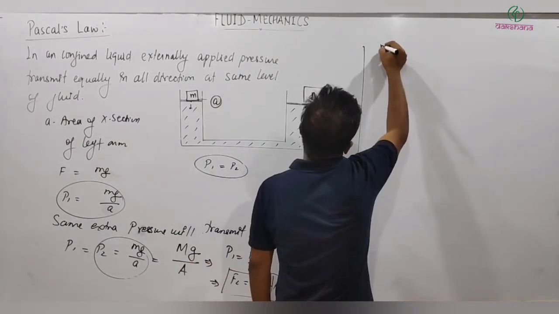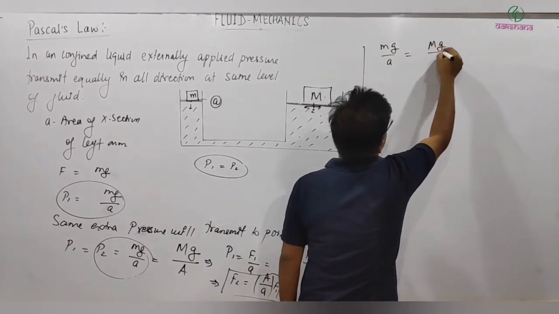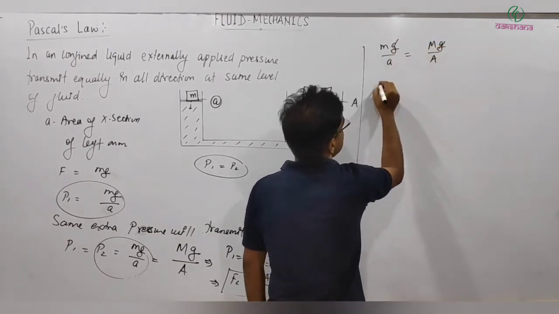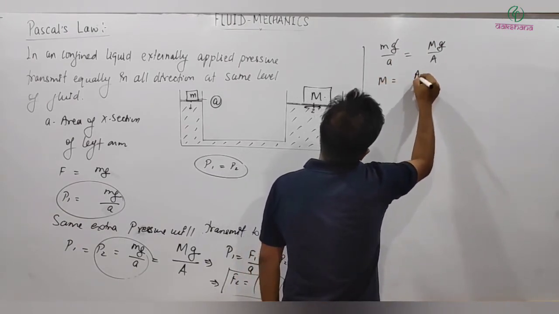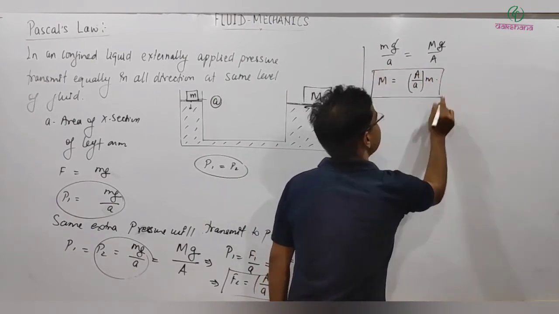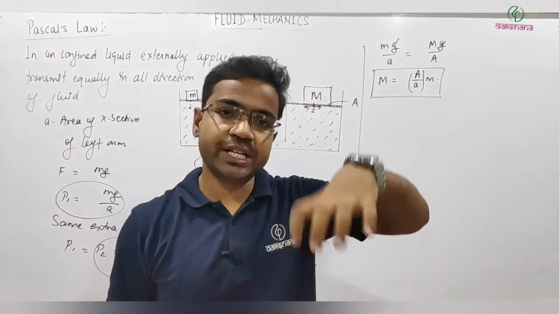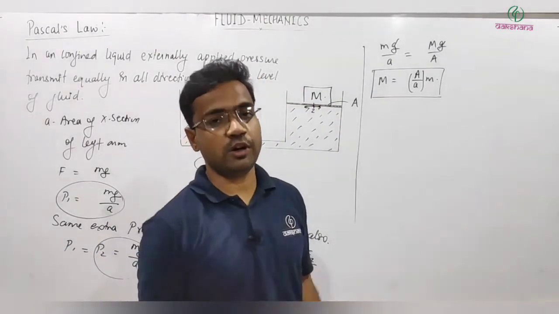Another way is small mg by small a is equal to capital Mg by capital A. G gets cancelled, so capital M is equal to capital A by small a multiplied by small m. So in this manner, with a small force, you can lift even a heavy object.